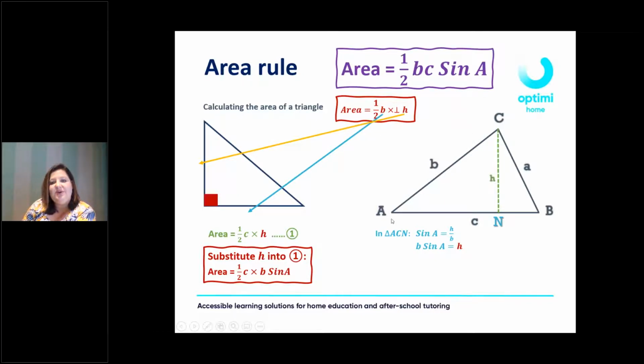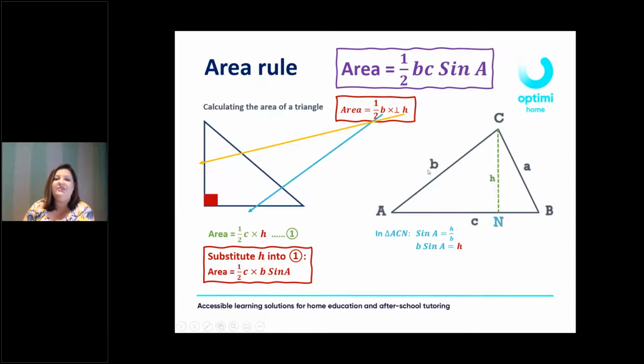Now let me just show you how it works. So I'll have the half, BC are two sides, and sin A. The angle that they talk about is the included angle. Do you see? It's enclosed. It is between the two sides that I am referring to.